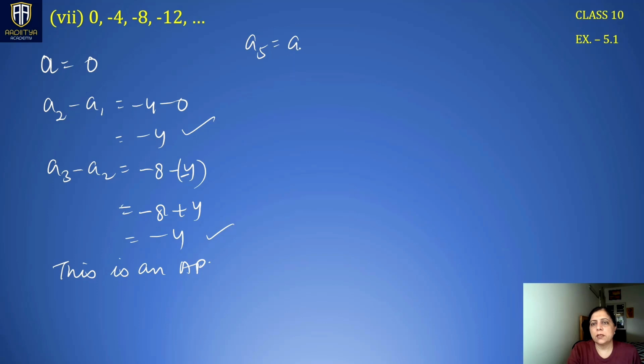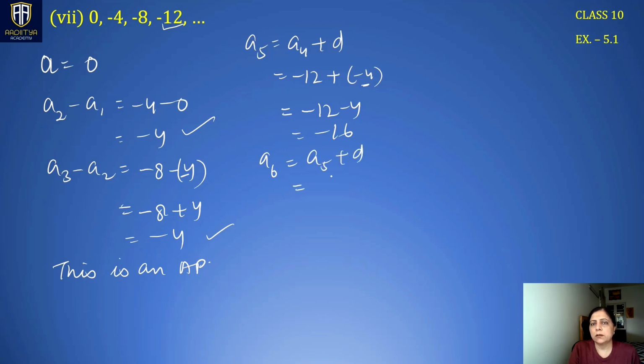a5 is a4 plus d. So we have four terms. Fifth term becomes a4, a4 is negative 12 and d is negative 4. Since d is negative, you can see that the values are decreasing here. It is a decreasing sequence. Negative 16. a6 is a5 plus d. a5 is negative 16, d is negative 4.